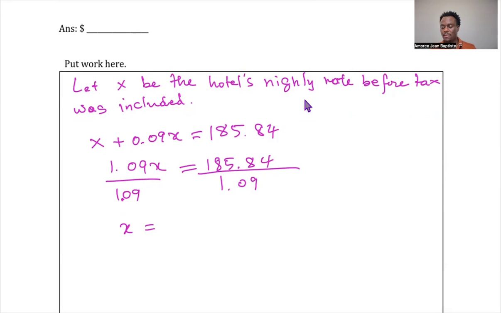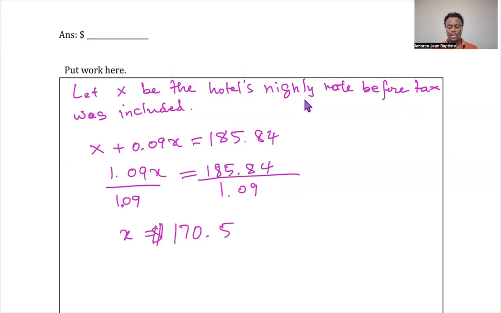That gives me 170.495. Rounded to the nearest cent, that would be $170.50.